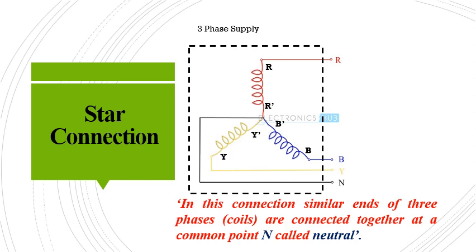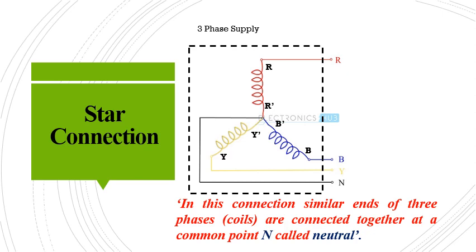If you are looking into the figure, we can see that the similar ends of the coil in each phase, that is R dash, B dash and Y dash, are connected together to form a common point, and this common point is known as the neutral. And the free ends, that is R, Y and B, are connected to the load.